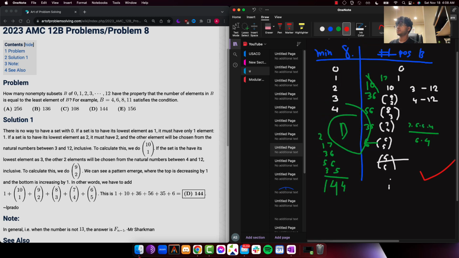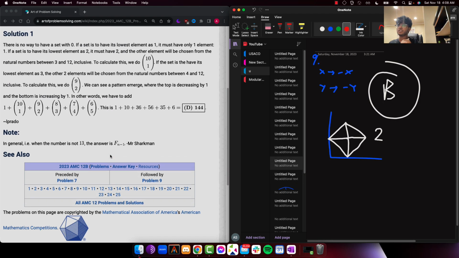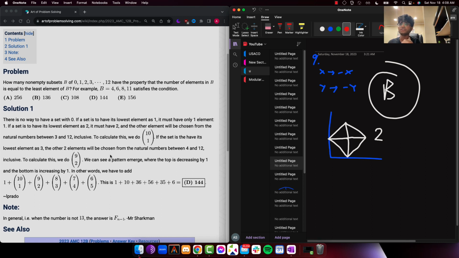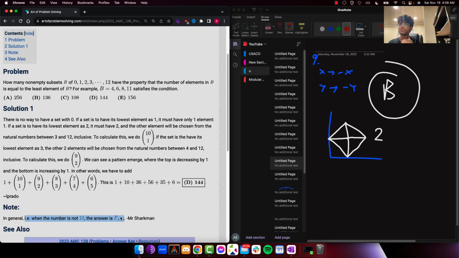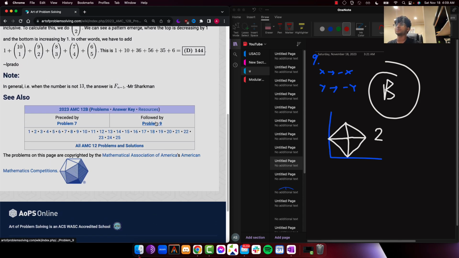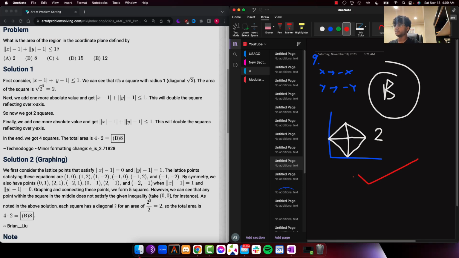Yeah, okay. 9. I'm actually curious, was there an identity that they used to do this or no? No, I don't see one. Oh wait, in general when the number is not 13, the answer is Fibonacci n minus 1. I wonder why that works. I don't know. Maybe there's a combinatorial identity or something, but that's interesting. Problem 9. Okay, good, it's B.